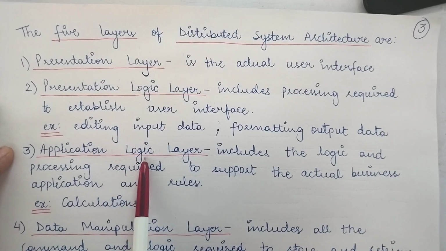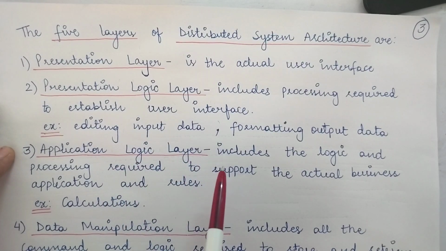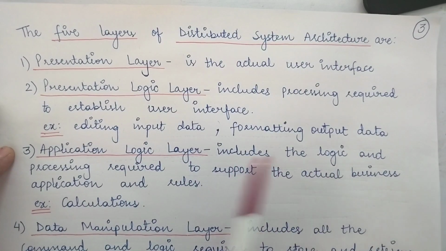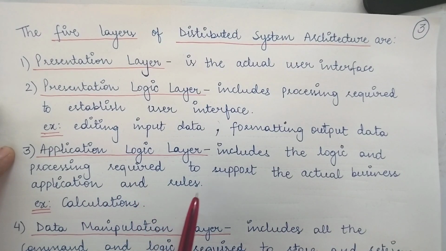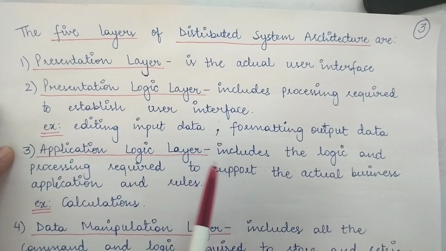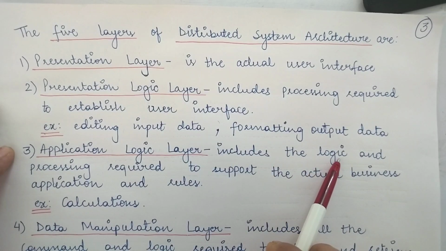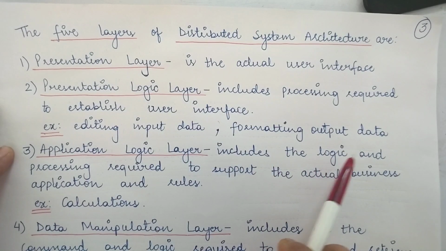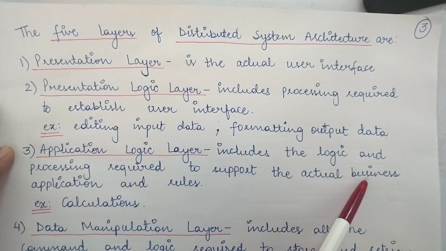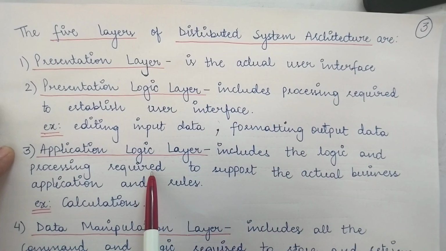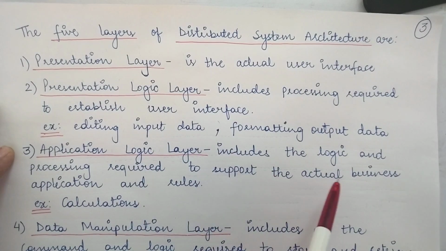The third layer is the application logic layer. The application logic layer includes the logic and processing required to support the actual business application and rules. As the name itself suggests, this layer includes all the logic, the computation and the processing required to support the actual business.